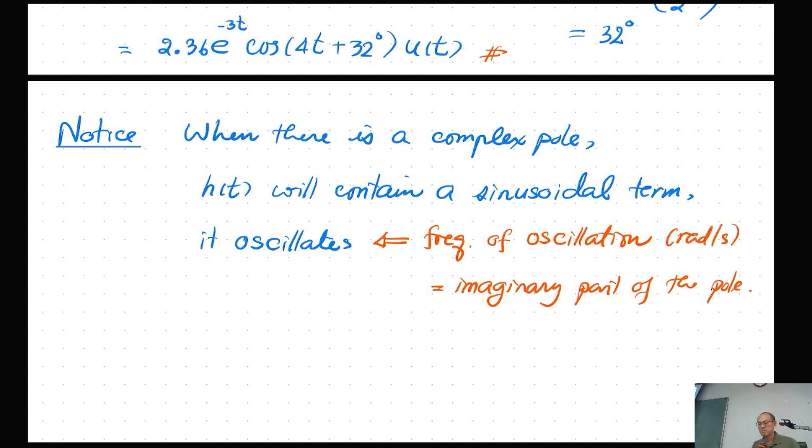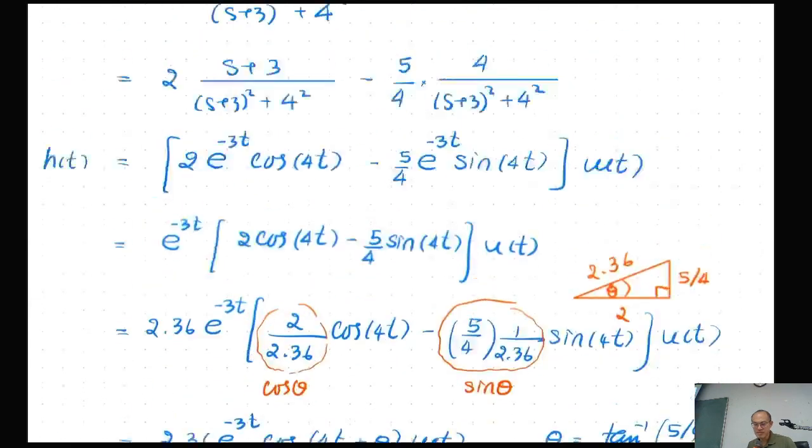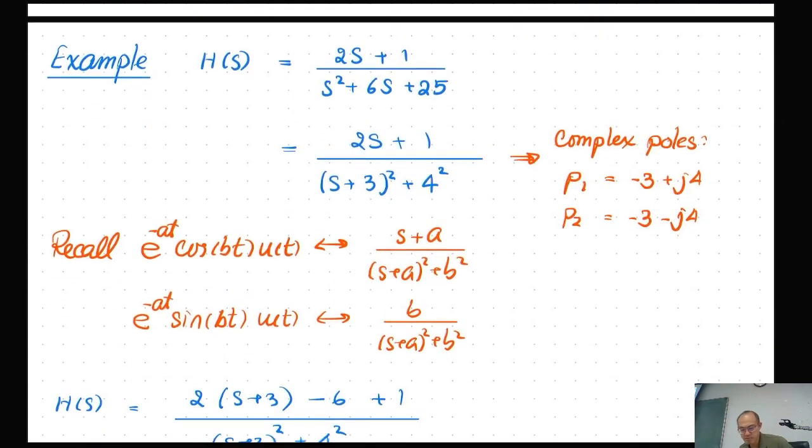For example, if we look at the last example, in this example the transfer function is given as this, and we find that the poles are complex, right? Now, if you look at the poles, the imaginary part of the pole is 4. And it is the number 4 here.